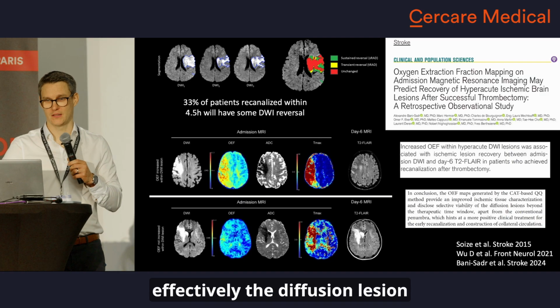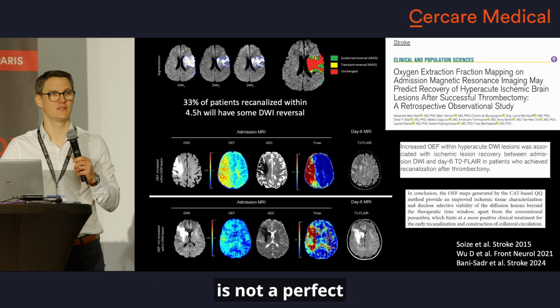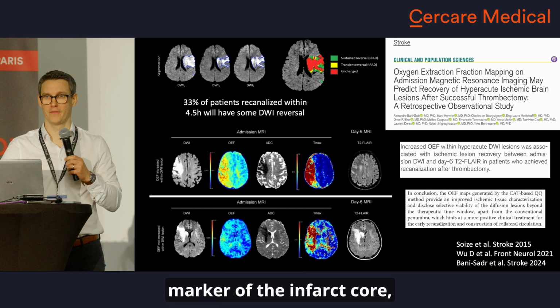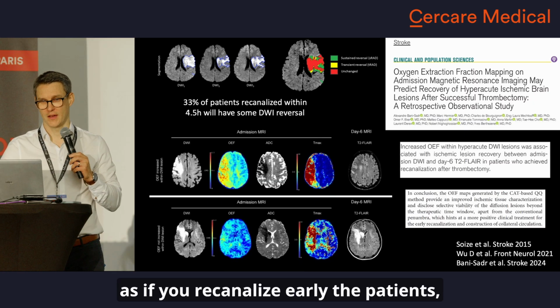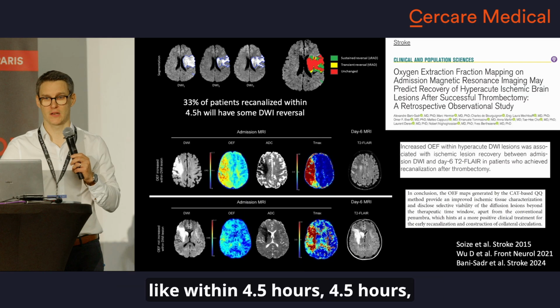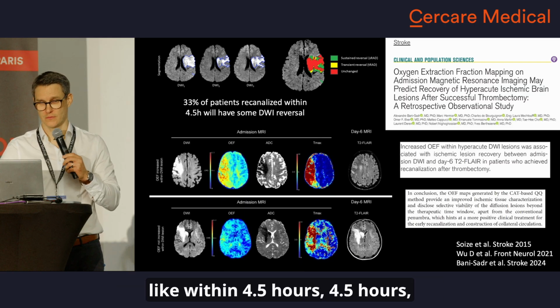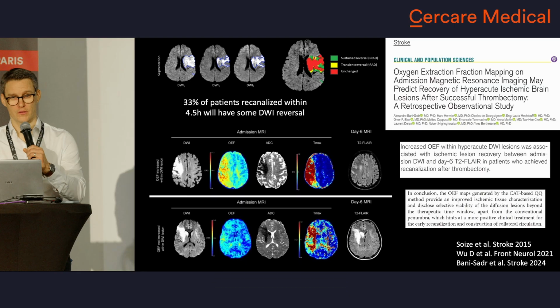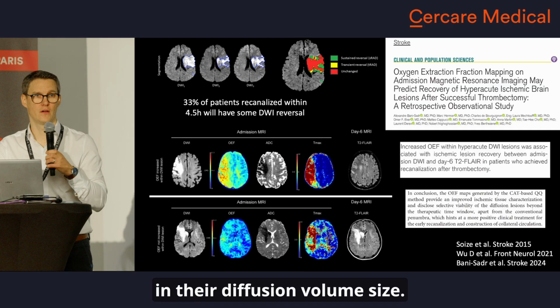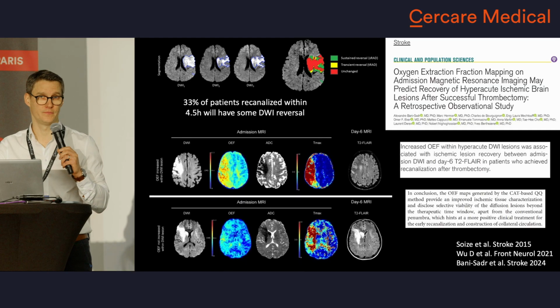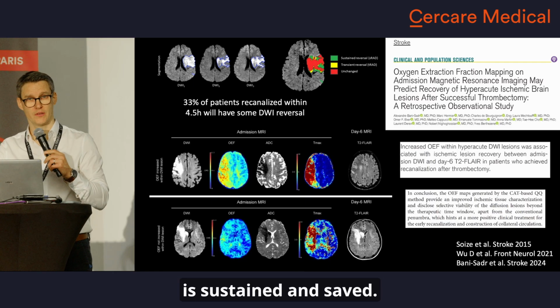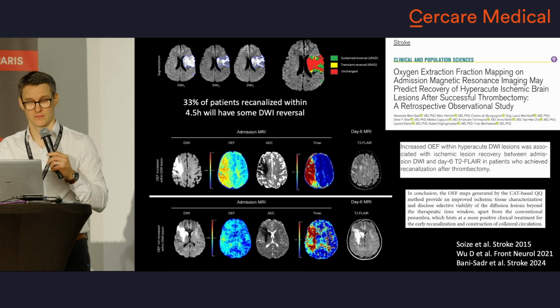As you saw on other talks, I've just put one of my old works from 10 years ago to show you that effectively the diffusion lesion is not a perfect marker of the infarct core, as if you recanalize the patients early, like within 4.5 hours, 1/3 of the patients can have a decrease in their diffusion volume size. And most of this volume is sustained and saved.